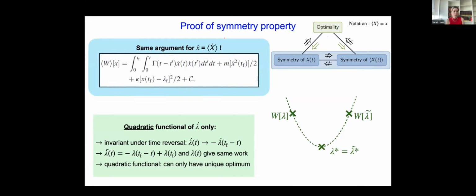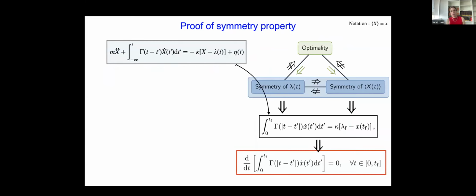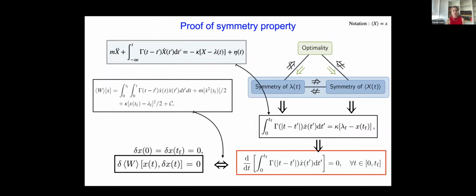And now we can also write the work functional as a functional of only x dot. And then again, it has the same quadratic structure. So the same argument holds for that. Now, finally, to complete this proof, you also need to show the reverse direction, which you can do by assuming that you have these symmetry properties of lambda and x, and then you can show, by using the generalized Langevin equation, that you always have this integral equation here, which then, on the other hand, is equivalent to having zero variation of your work, meaning that your process is optimal.